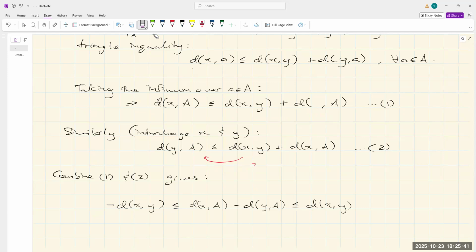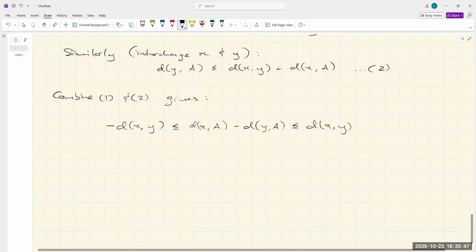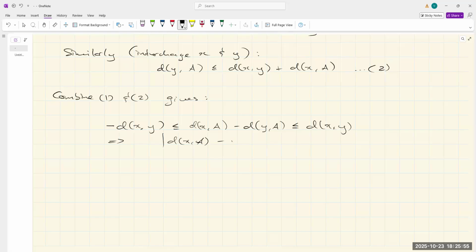And this inequality is just the modulus. Good. So this is the same thing as saying that the modulus of d(x,A) minus d(y,A) is less than or equal to d(x,y).